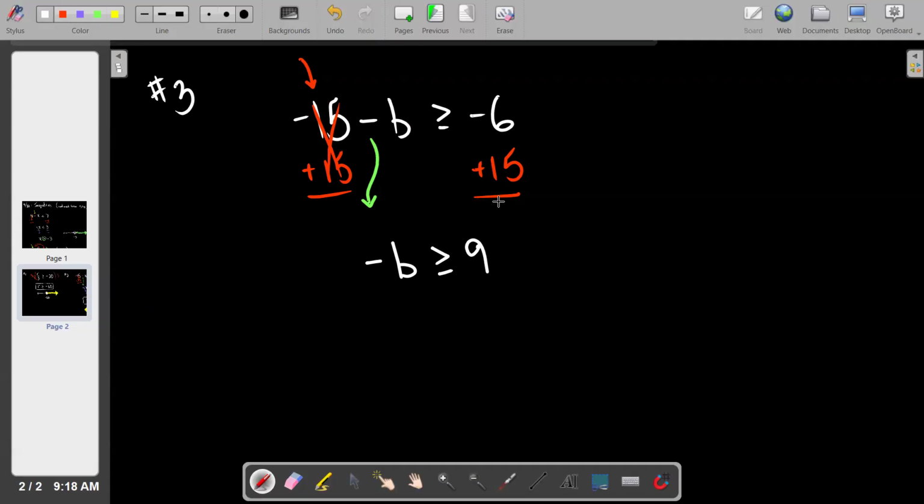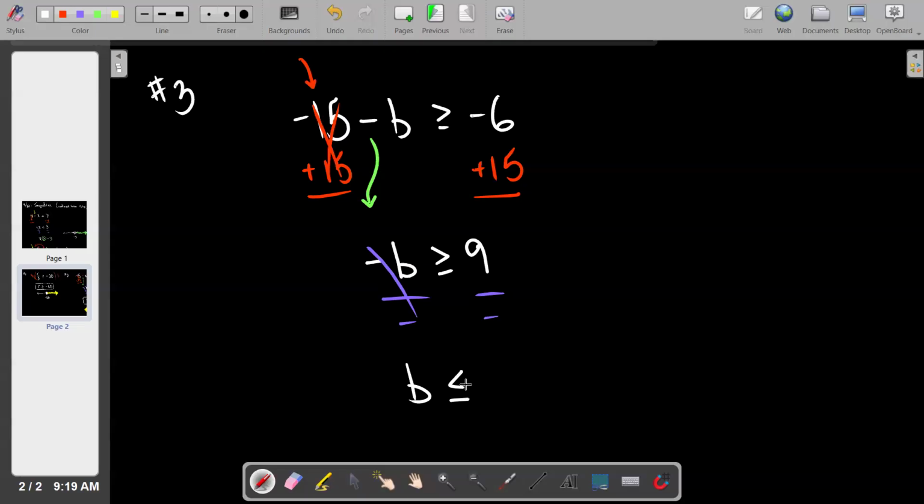Variable's on the correct side, but we're not done. What do we have to do? Divide by that negative. Again, you can call it a negative. You can call it a -1. I couldn't care less, provided that you know what you're doing. And then when those negatives cancel out, we're left with B. Do we switch the Pac-Man? Yes. Now we do, because we divided by a negative or a -1.